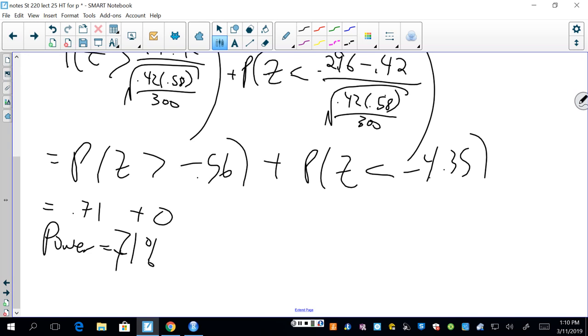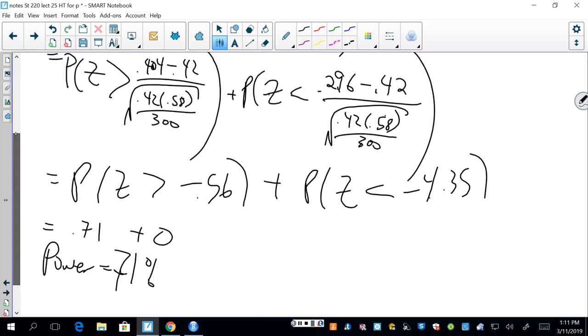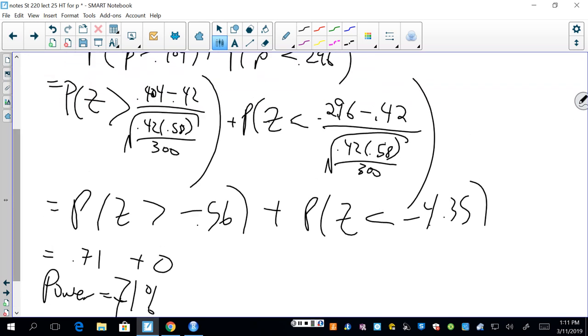What exactly does the power tell you, though? The power is the probability you reject the null hypothesis given a specific alternative reality. If the alternative is true at the value you think it is, you really think this thing is going to give us a 42% success rate instead of the current 35%. What's the chance to actually reject if it's that?